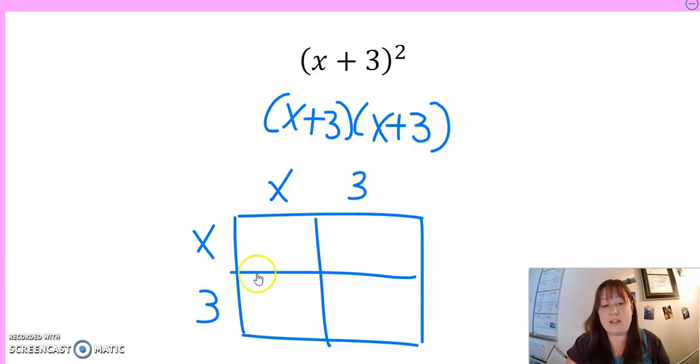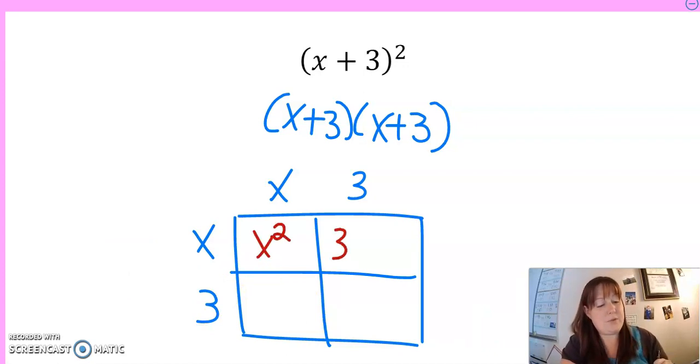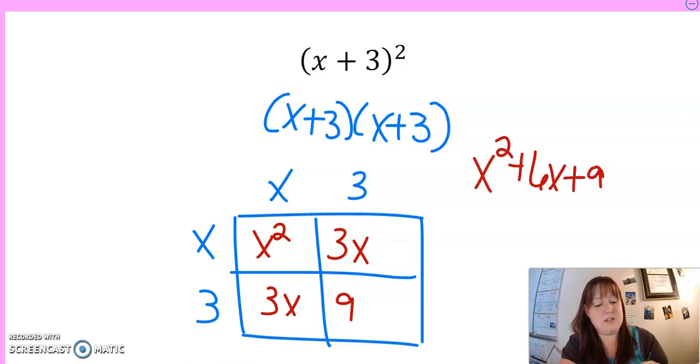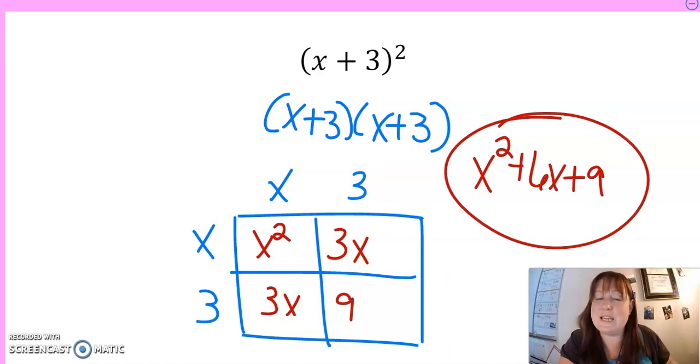Okay, so that's why I love the boxes, because it helps keep it organized. So I can put x squared, 3x, and 9. So I end up with x squared plus 6x plus 9. Do you see how that's different than just x squared plus 9? Yes, we don't want to do that. So once again, functions do not distribute. So we just multiply x plus 3 times x plus 3.